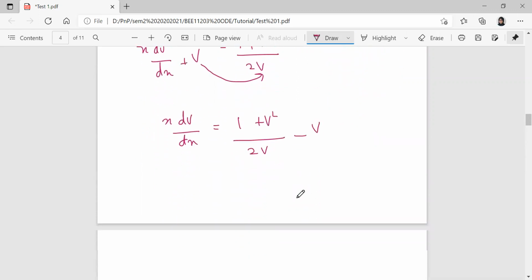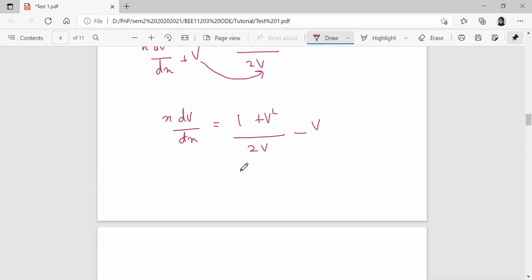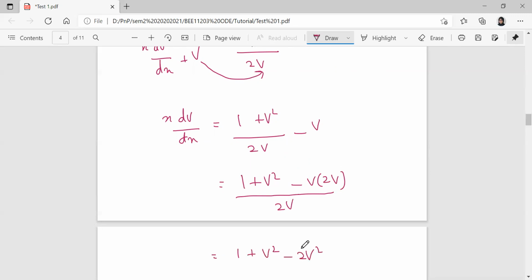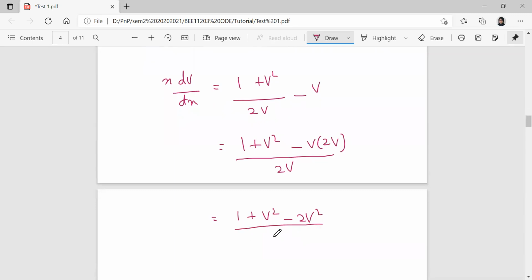Writing v as v times 2v over 2v, you have 1 plus v squared minus 2v squared divided by 2v.